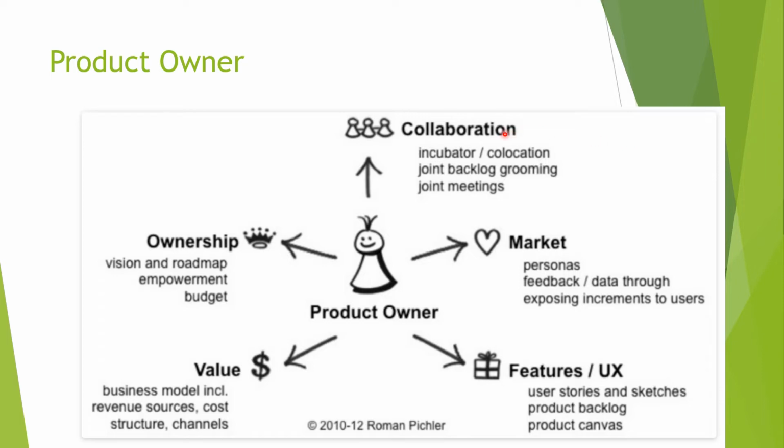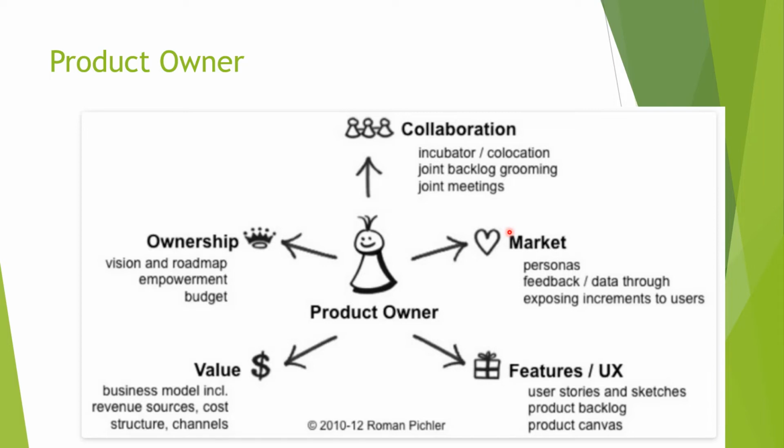These are the areas the product owner should focus on. We discussed maximizing the value. We talked about creating and communicating the roadmap and vision. In addition to that, the product owner should wear a hat of collaboration. He has to collaborate with stakeholders like customers, business users, and the development team. That person needs to be an excellent communicator.